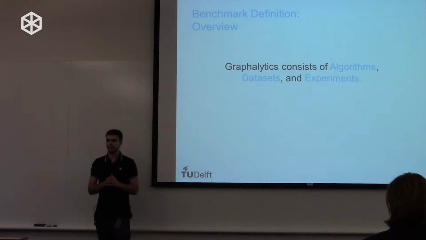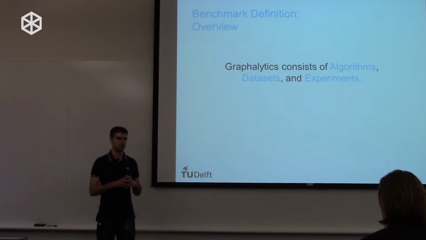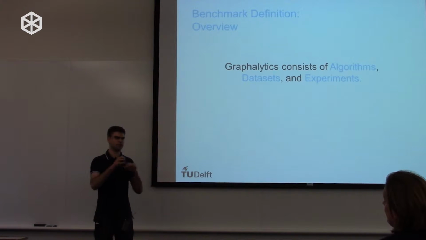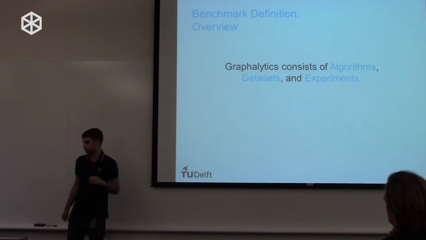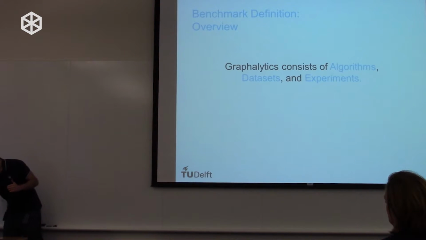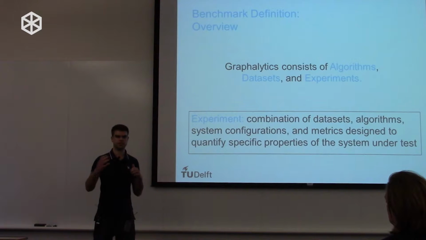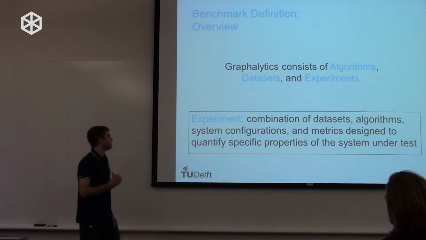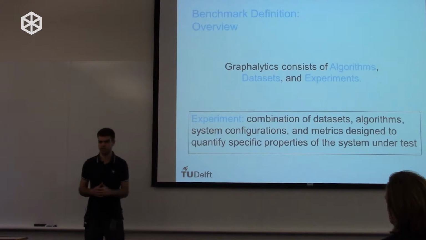And unlike something like a query-based benchmark, we do not have one particular workload that's comprised of a mix of different queries that then lead to a single score, but rather we have a bunch of different algorithms and a bunch of different data sets, and when combining that with particular setups of the system, so for example the number of machines or the number of threads used, and a number of metrics, we try to analyze particular features of a system, and I'll get back to what these features are, but think of something like the scalability of a system.